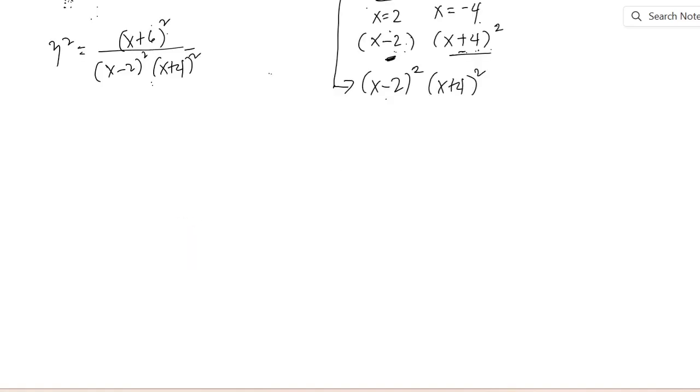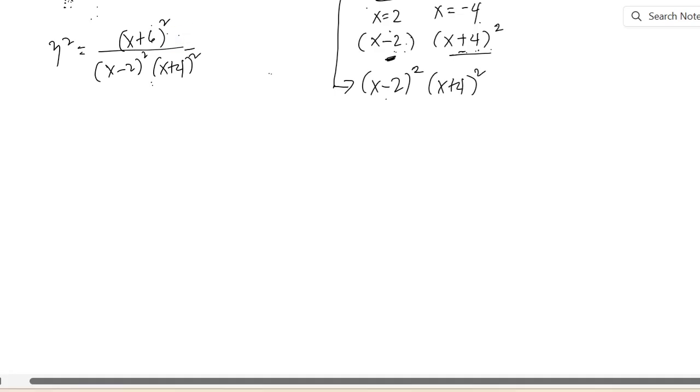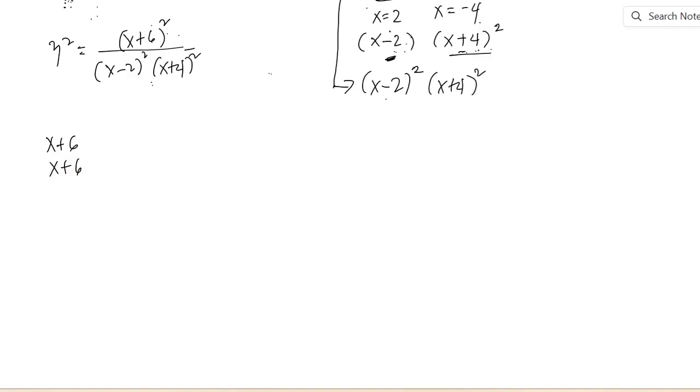It's time for us now to determine the signs for this. For the numerator, we have x plus 6 and x plus 6. I will make use of the green marker for the factors of the numerator. That would be x plus 6 multiplied by x plus 6.